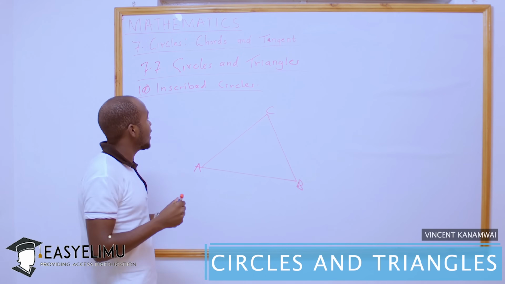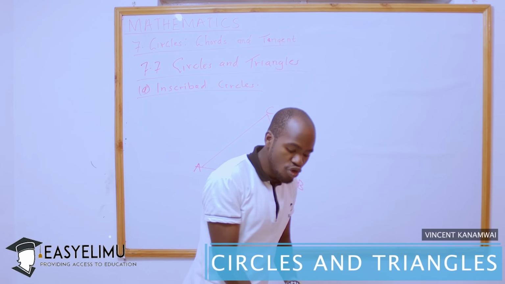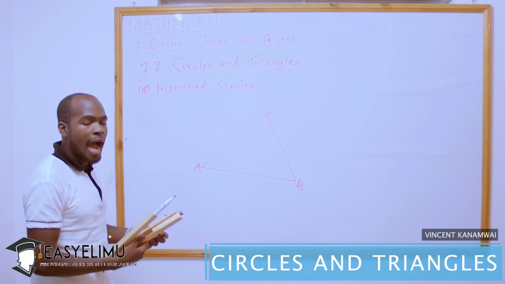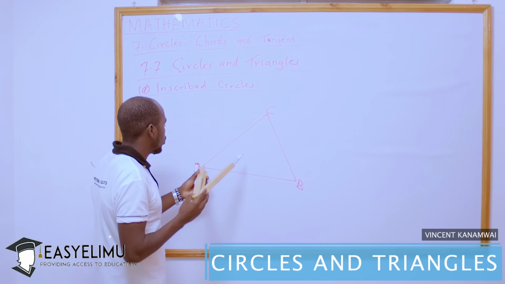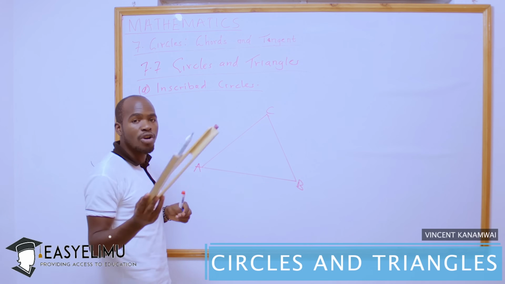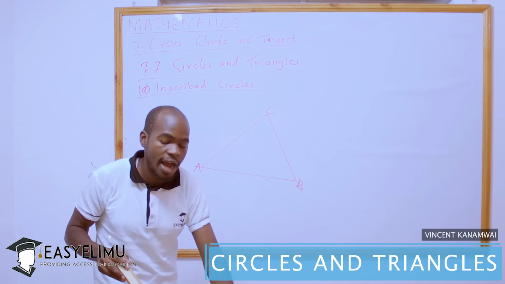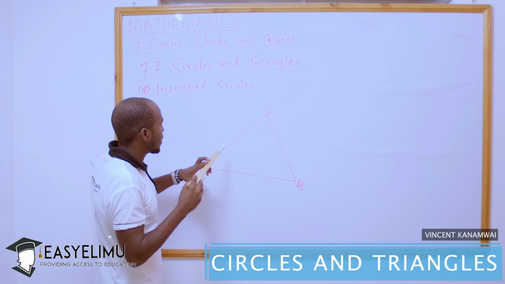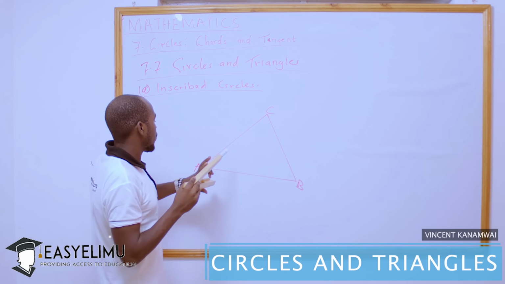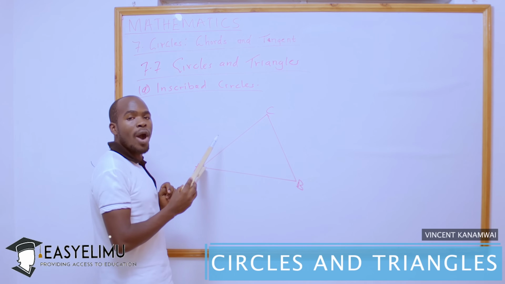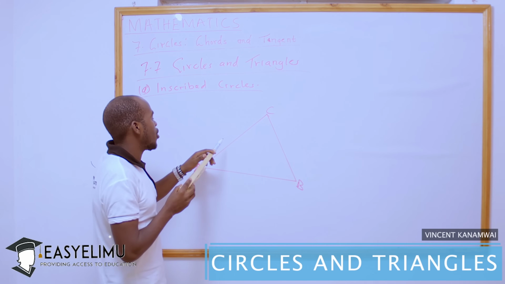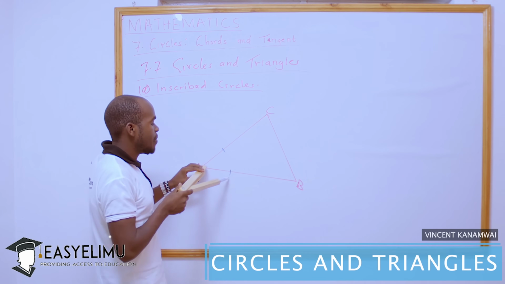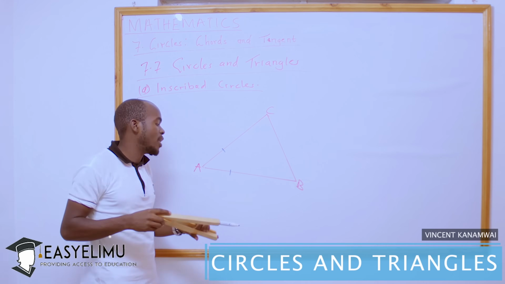To construct an inscribed circle, you need to bisect any two of the given angles. To bisect an angle, you open any radius standing at one of the angles, maybe angle A, and cut line AC and line AB such that you have two arcs on the two lines.